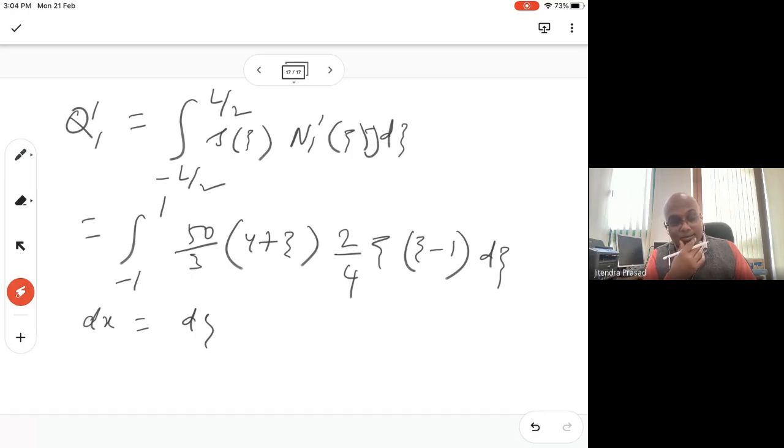Any question, guys? Good thing is it's already in this form, minus 1 to 1, so you can integrate numerically as well, using Gauss quadrature. Hence sometimes it's important to convert from the x system to the xi system. This is the advantage.